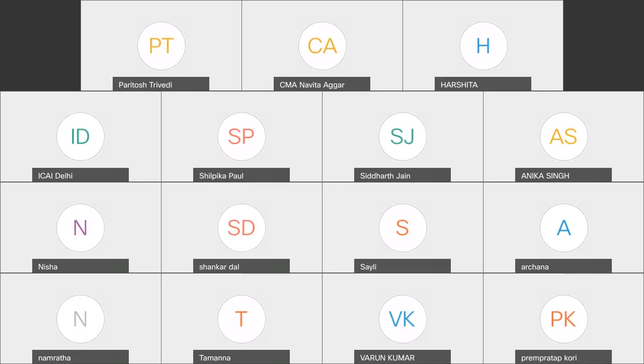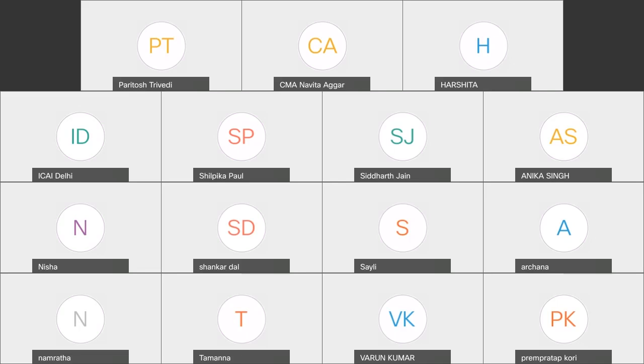That means there are states and there are union territories. CGST and SGST come when a transaction happens within a state, intrastate, where we bifurcate the tax in a 50-50 ratio between CGST and SGST.